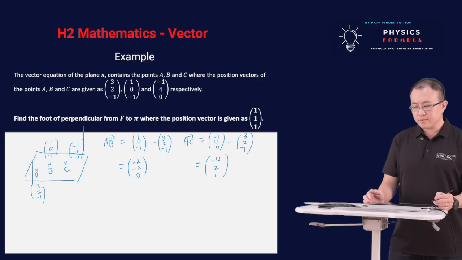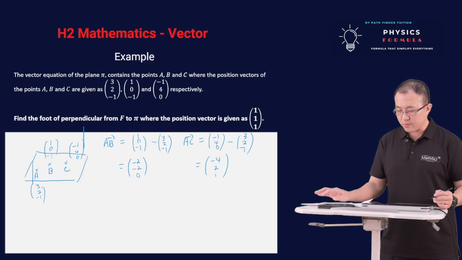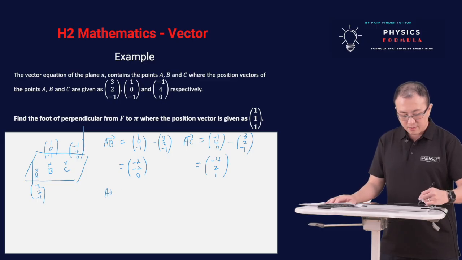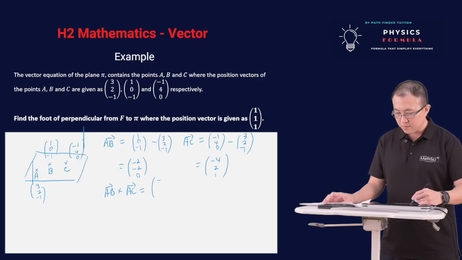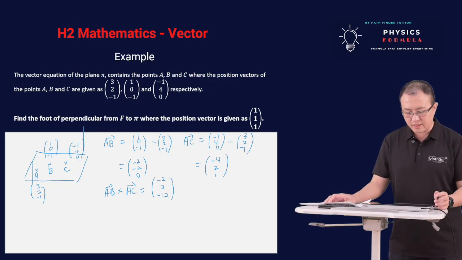Okay. Then last but not least, you do a vector product now. So the vector product is AB cross with AC. Okay, and then you work it out, you will get minus 2, 2, minus 12. I've done it previously, so I just write down that.